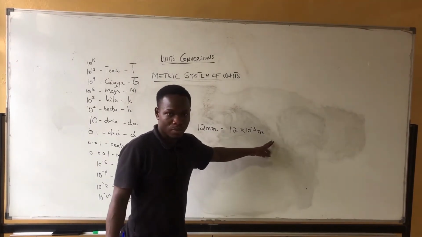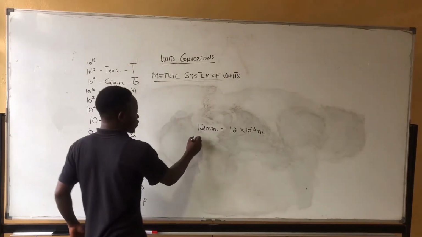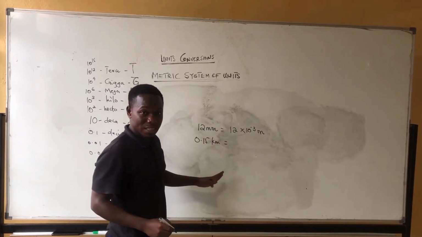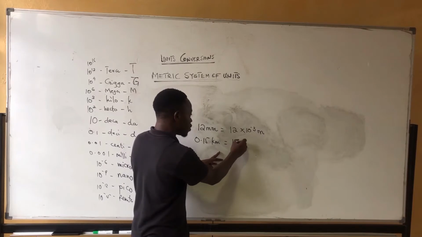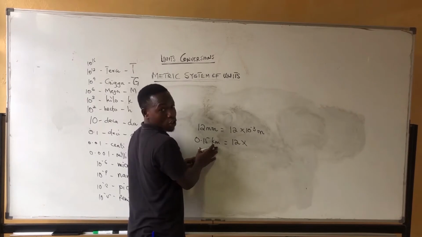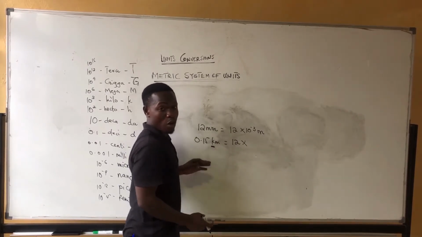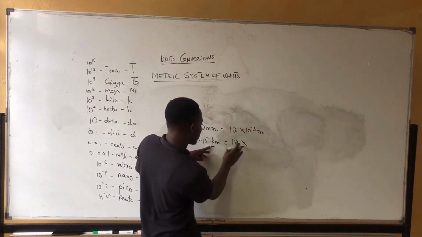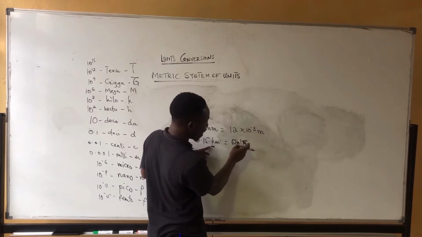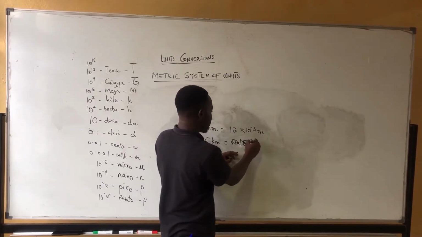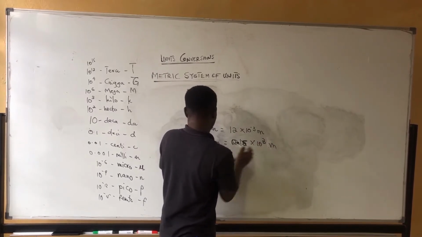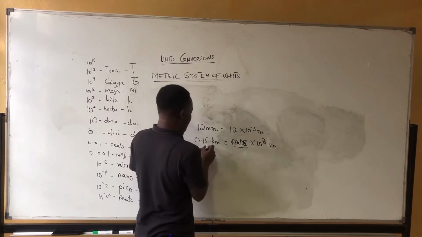If I give you 0.15 kilometer, you can express it in meters by simply substituting the value of the kilo, the prefix here, into the equation, and then the unit will be changed to meters. I hope you guys can see that. 0.15 times 10 to the power 3 for kilo, times meters.